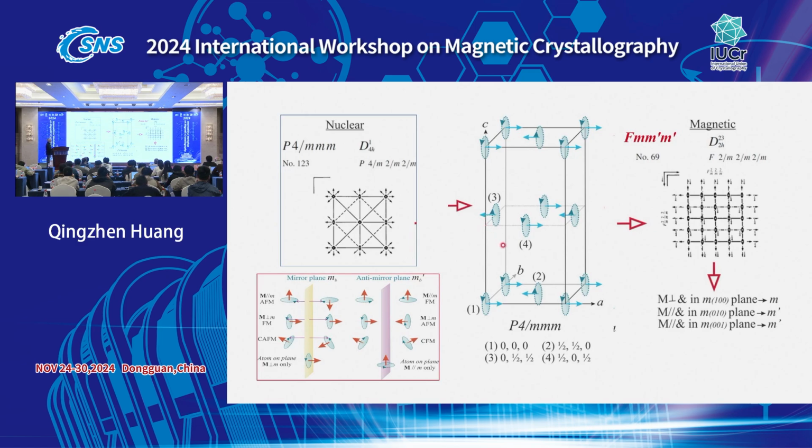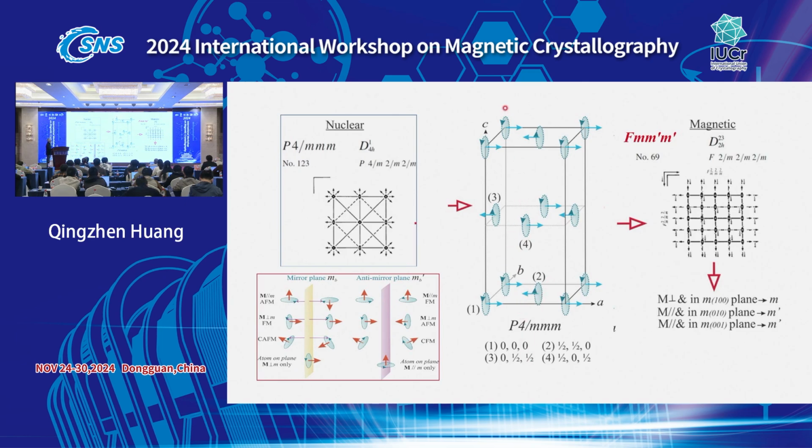And what's this kind of magnetic symmetry? You can see you have an inversion center. What does it mean? From each atom you can create another identical atom.